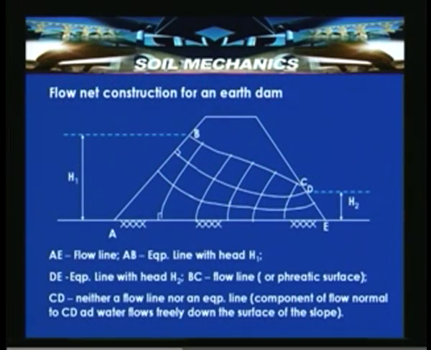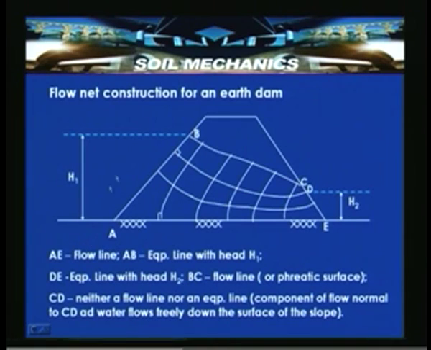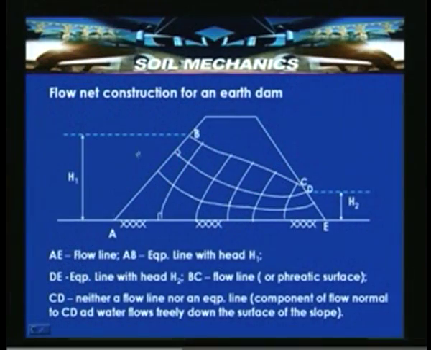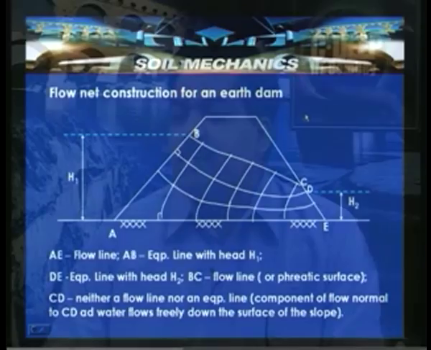So, let us look into the flow net construction for an earthen dam with an upstream water level and a downstream water level. Let us consider that on the upstream side there is a head H1 and on the downstream side there is a head H2. Consider a homogeneous earthen dam whose material is isotropic, with permeability K in both directions, and this is the crest of the slope, the cross section of a dam.